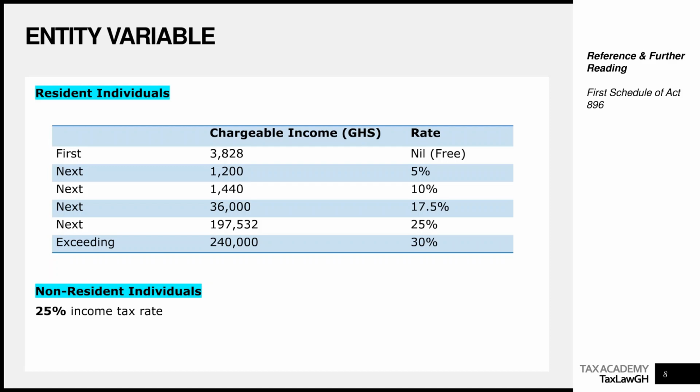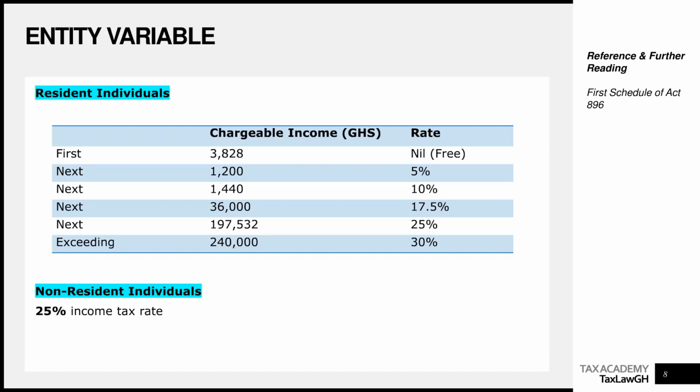So we are saying here that a resident individual is taxed according to a number of income levels. As your income increases, your tax rate will marginally also increase. So your first 3,000 cedis, 3,800 roughly, is tax-free. This is an annual income. Take note, all of these figures are annual.